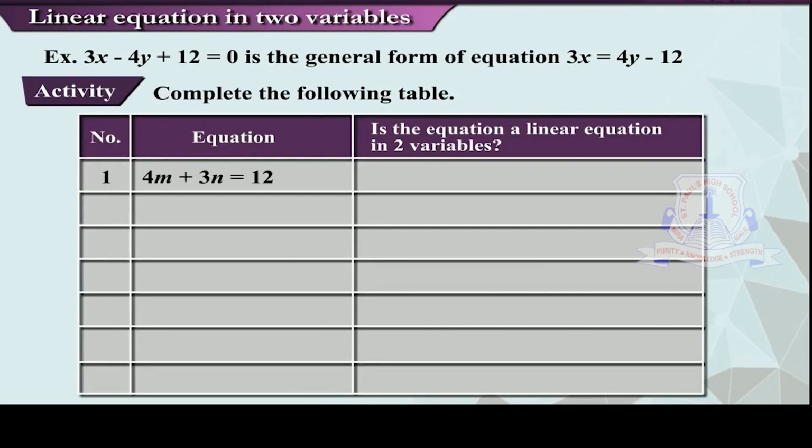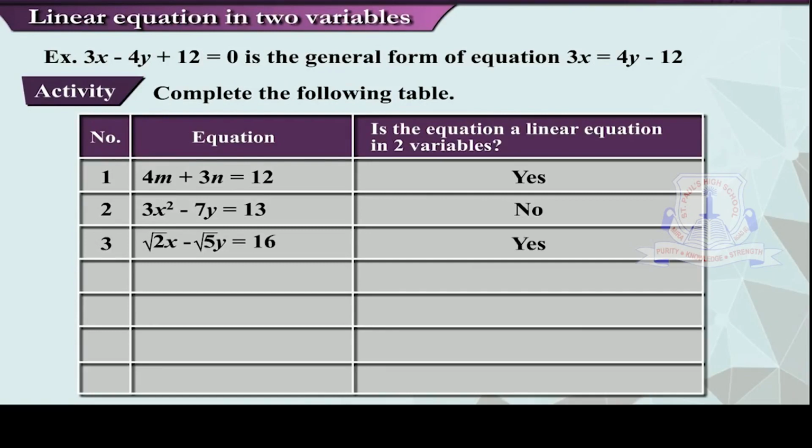Let us complete the activity in the textbook. Equation 4m plus 3n equal to 12 is a linear equation in two variables. Yes. Second, 3x square minus 7y equal to 13 is not a linear equation in two variables. No. Root 2 x minus root 5 y equal to 16.